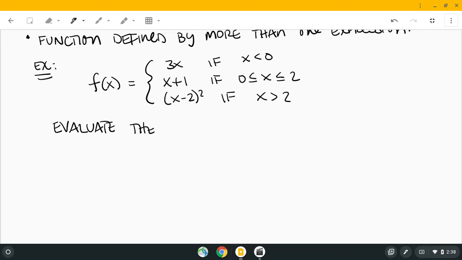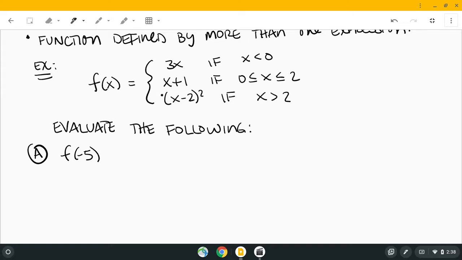So let's evaluate the following. Suppose that I want to know what f of negative 5 is. This is how it works. This is your x value, negative 5. It's not that you plug into all of them.